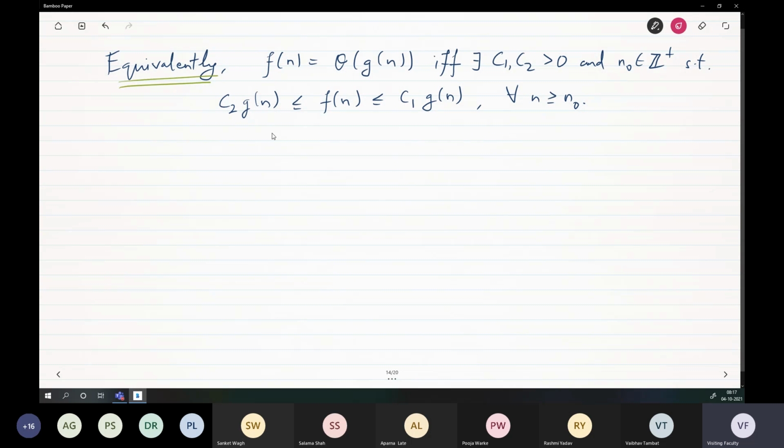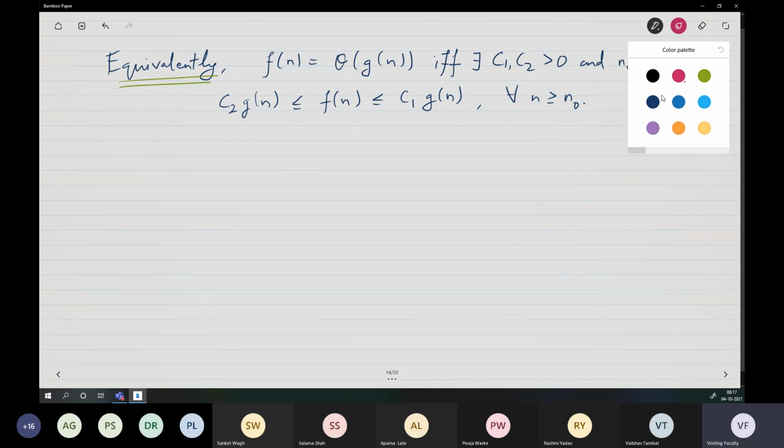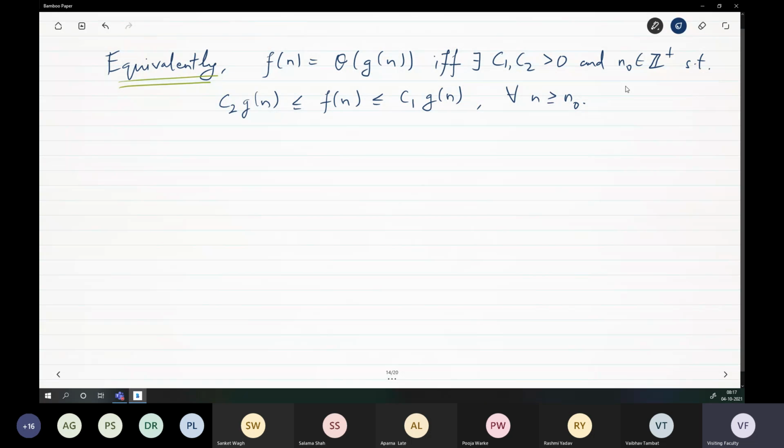So this is the alternate characterization of theta. Is this much fine?